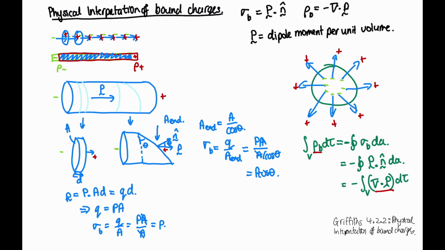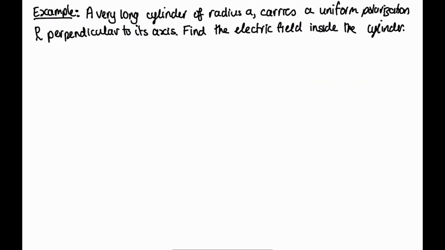But this is a vector. I should have marked that as a vector. So hopefully that satisfies you a little bit, that this one holds as well, that the charge density inside the surface is given by minus the divergence of the polarization.